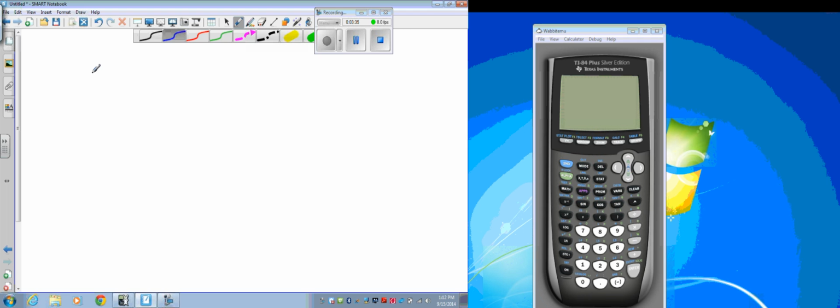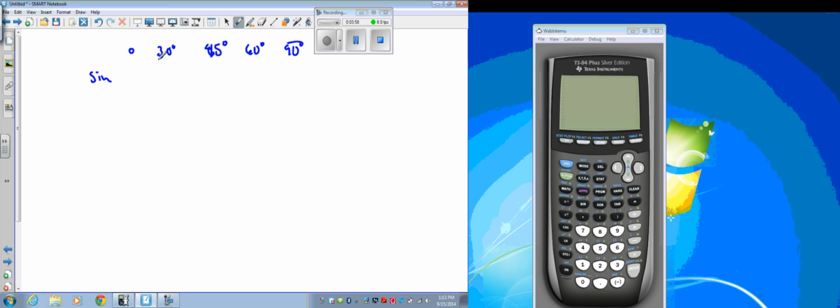If you get the sine, and if you go 30 degrees, 45 degrees, 60, 90, and I'll go 0 here.